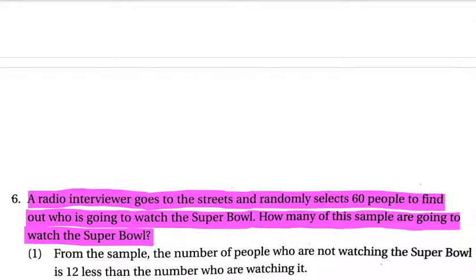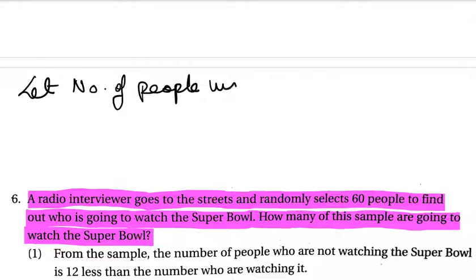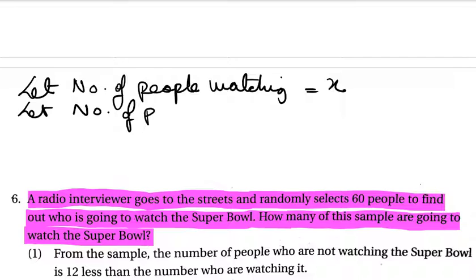So let us take that the number of people who are watching be x. Let number of people watching is equal to x, and let number of people not watching equal to y.